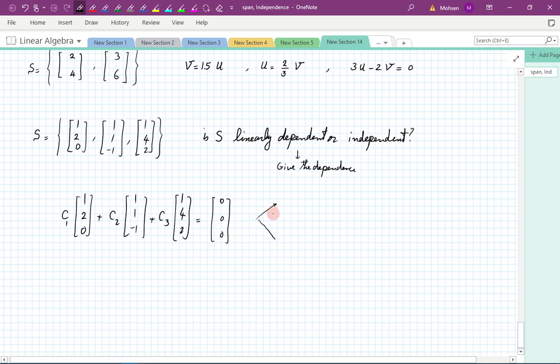If we find out that C1, C2, C3 must be 0, that's the only way this can happen, we are going to call it linearly independent. If there is anything other than 0, we are going to call it linearly dependent. And that connection that we get is going to give us the dependence. How are they connected to each other?